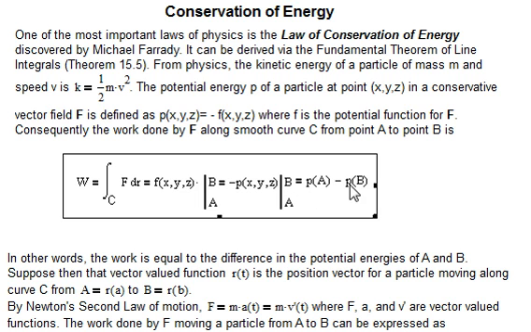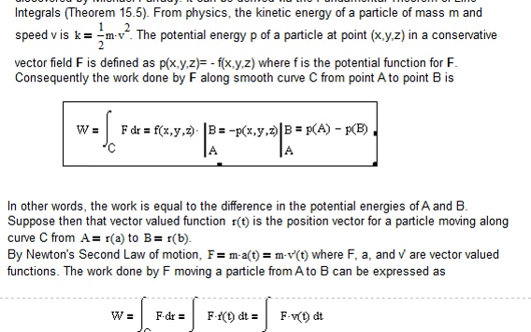This is now P of A minus P of B, as opposed to P of B minus P of A, because of this negative sign. So in other words, the work is equal to the difference in the potential energies of A and B.